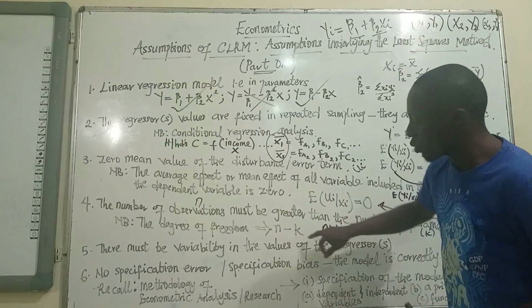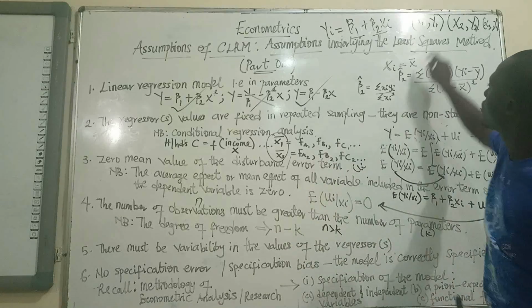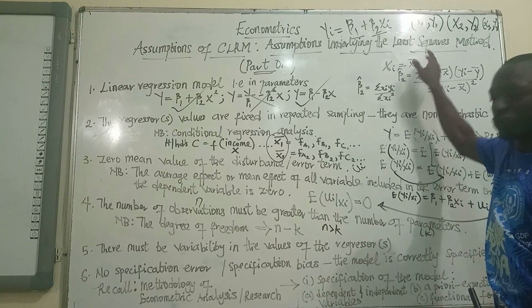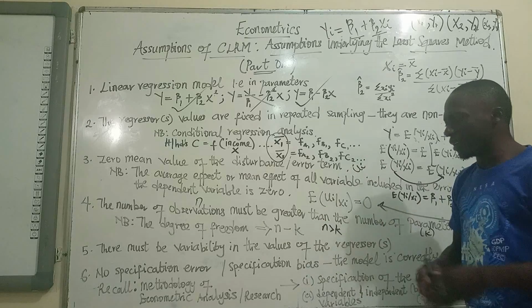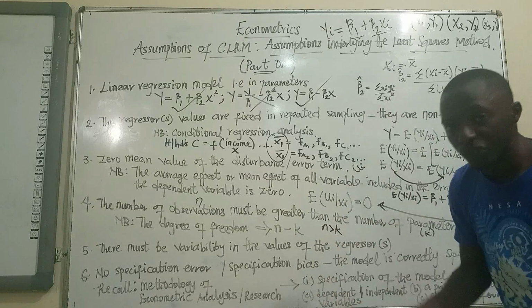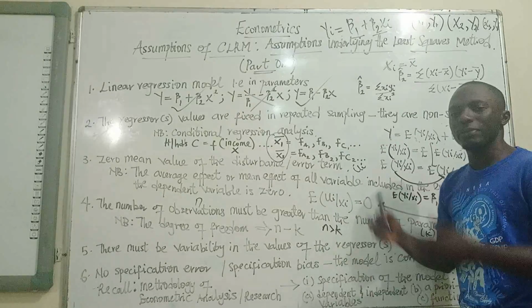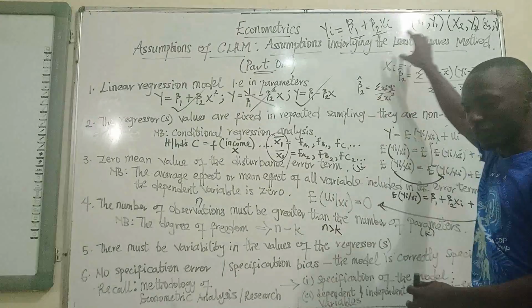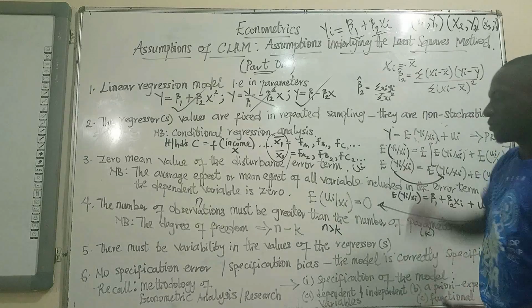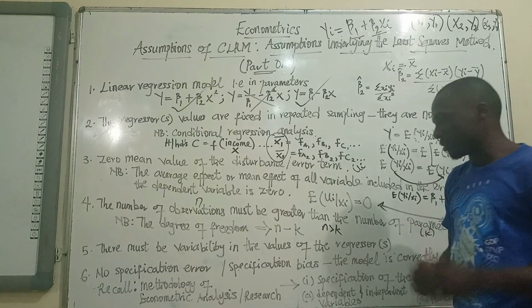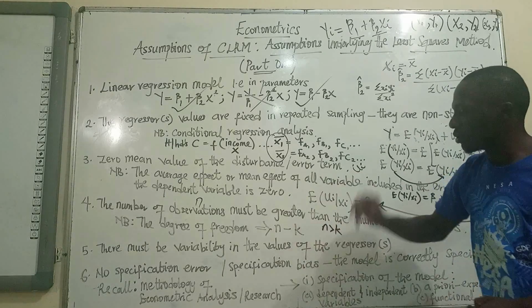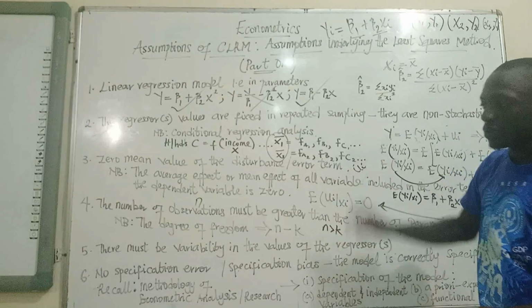So if our n is equal to k, we will always have a problem with the least squares method. When we progress further in the class, we'll see something like that. So we assume that the number of observations n must always be greater than k to use the least squares method.